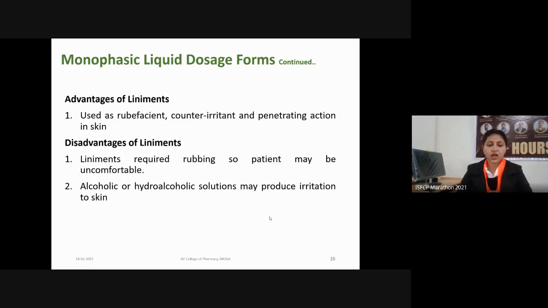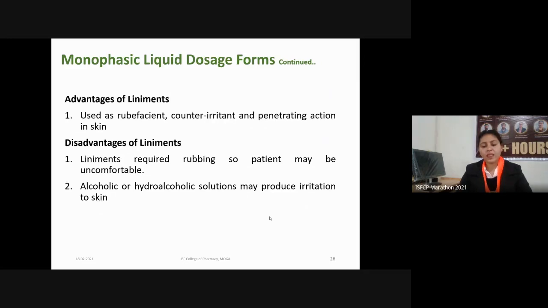Now, what are the advantages of the liniments? Liniments are used as a rubefacient, counter irritant, and penetration enhancer in the skin. As I have already told you, in the preparation of these liniments we can use alcohol as a base, and we can also use oil or soap as a base.